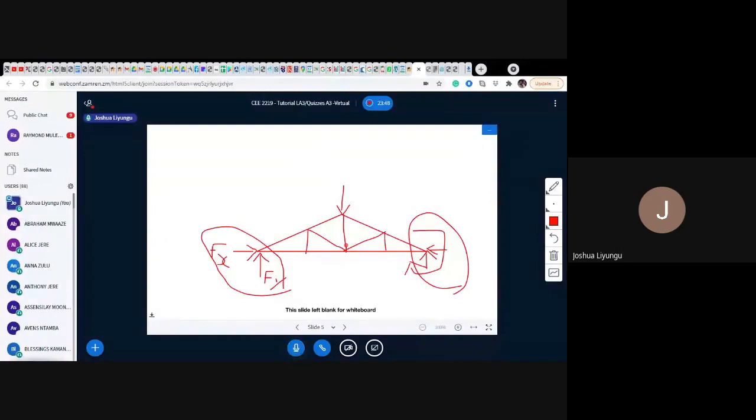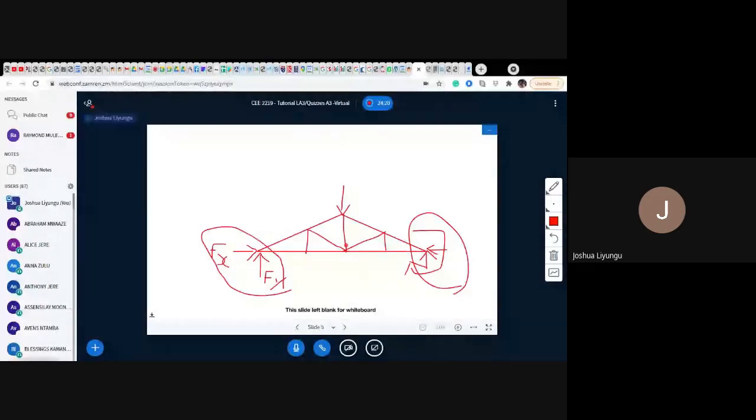And I also mentioned that the problems that you have are only going to be statically determinate. These are problems where the number of unknowns is supposed to be equal to the number of the basic equations of equilibrium.